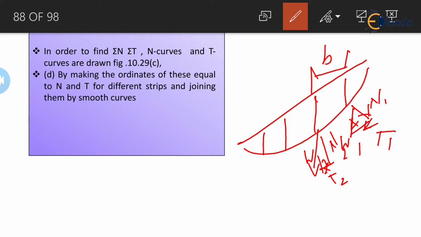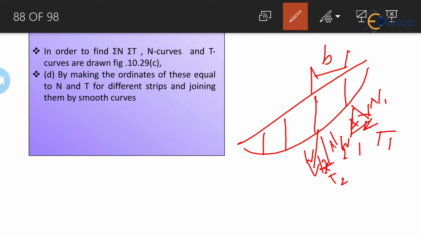By using that method, we can set a boundary, divide it, and plot the normal components; this area can be measured by using a planimeter, and then the summation of N and summation of T can be found out.